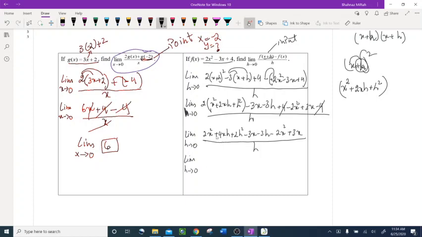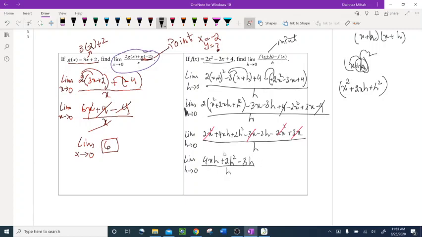Now if you pay attention, I am canceling this and this. Everything else is okay. Oh, 2x squared and 2x squared. Okay, I think that's it, right? So let's go back and write down whatever is left over. So I have, for example, 4xh plus 2h squared minus 3h, and I think that's it, over h.